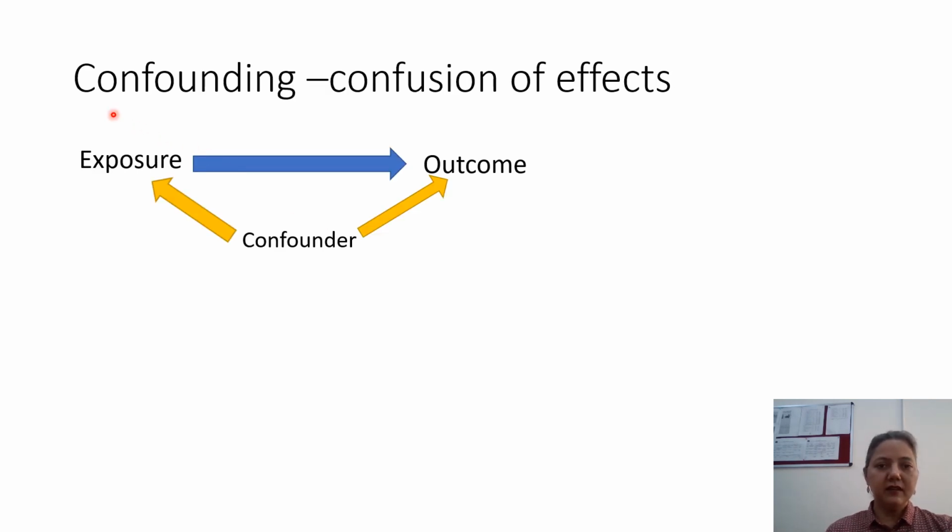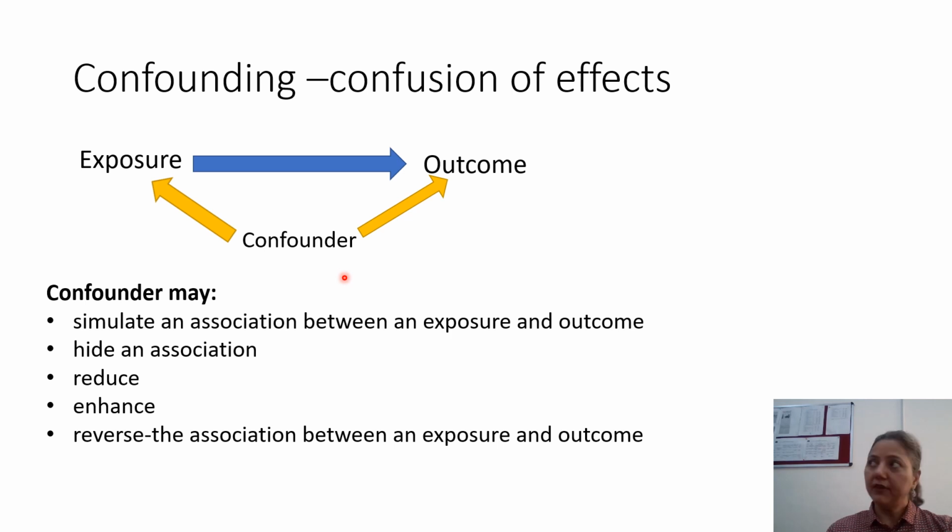Another bias is confounding, derived from confusion of effects. Confounders are some extraneous factors which can affect both the exposure as well as the outcome, and can bring out a different association between the exposure and the outcome. So we should be very much aware of what the effect of confounders can be.